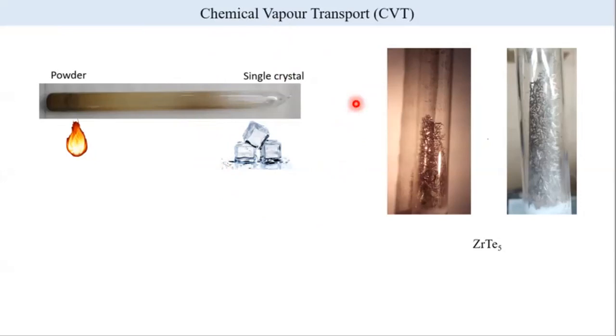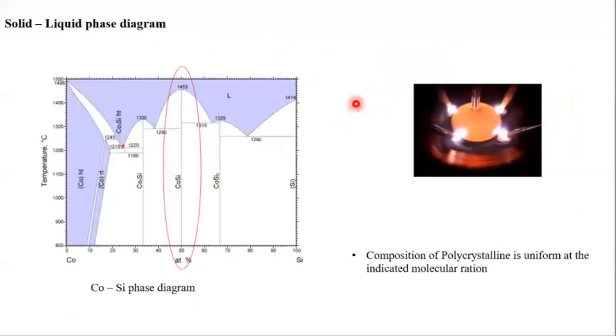Another question Shonot was also asking: is there any guideline to choose the ratio you are using? It doesn't have a very hard guideline, but you have available phase diagrams of two elements. You do not have available phase diagrams for three elements.